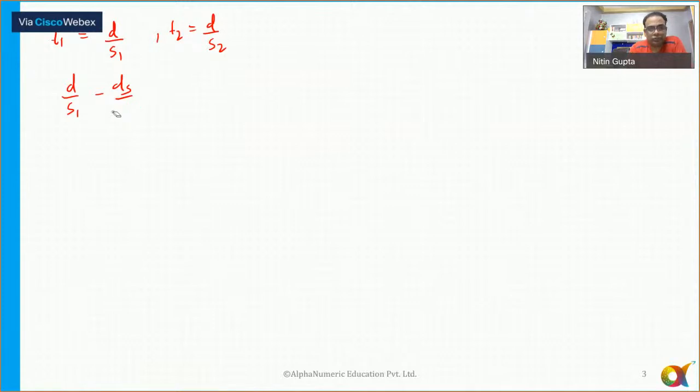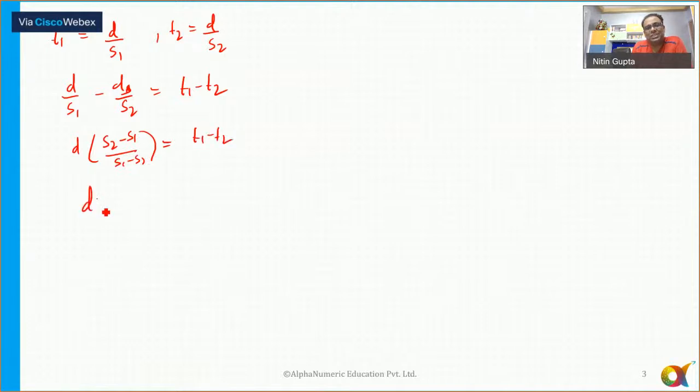D by S2. So let me write down D by S2. That will be equal to T1 minus T2. So I can say this equation is what? D into S2 minus S1 upon S1 minus S2, and that is equal to T1 minus T2.